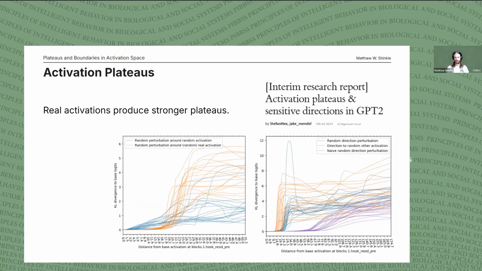Other work has compared plateaus for real model outputs versus just random activations or activations produced by sparse autoencoders, finding that steering toward real activations, as well as just steering starting from real activations, both produce clearer plateaus than random baselines. So these findings suggest that plateaus appear to have some functional purpose in models, but it's not exactly clear what that purpose is.